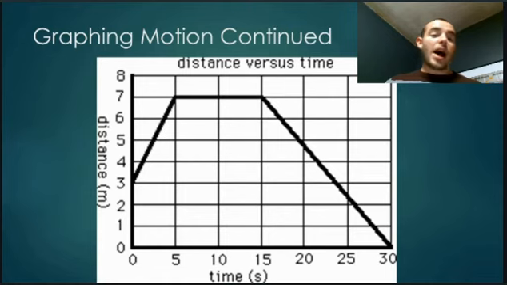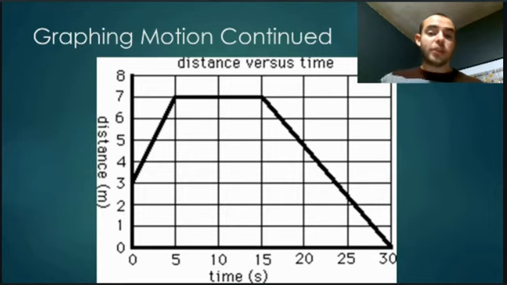Now, the object might not always start at a distance of 0, as we can clearly see in this example. This graph might be the motion of a person running compared to a tree, where they first start running when they are 3 meters from the tree. They might not start running at the tree. They eventually turn around and run back to the tree.